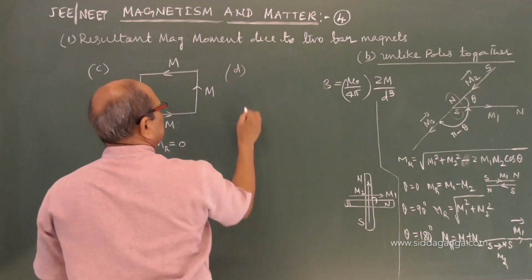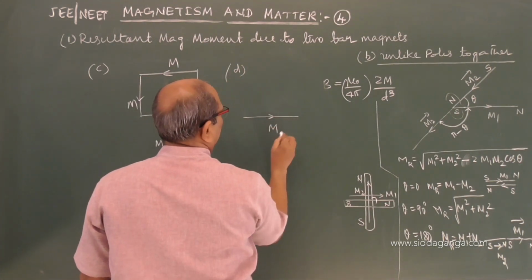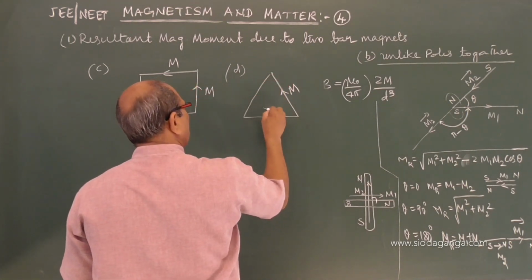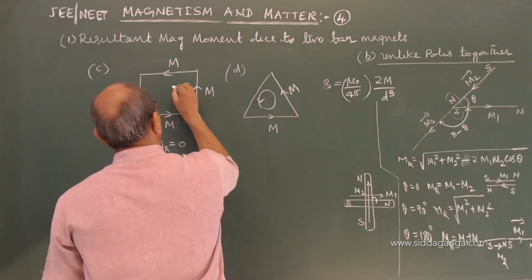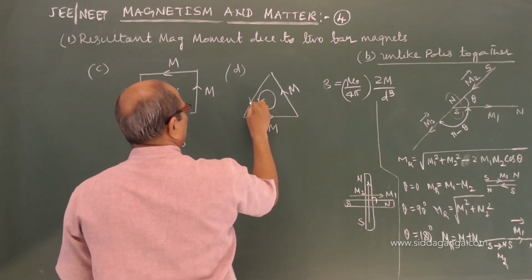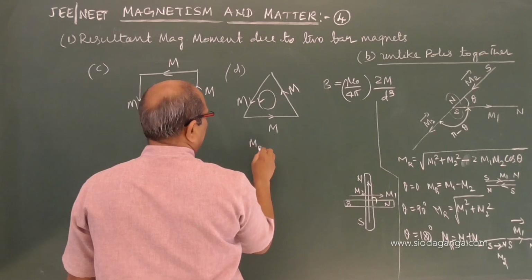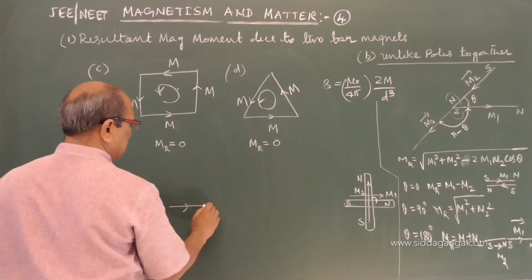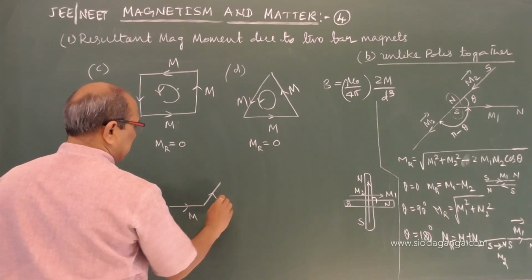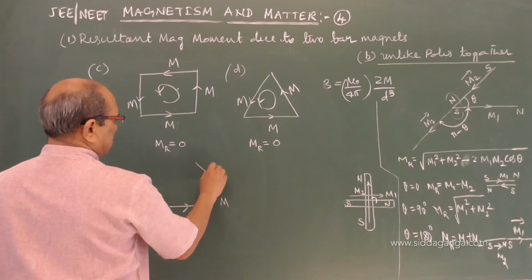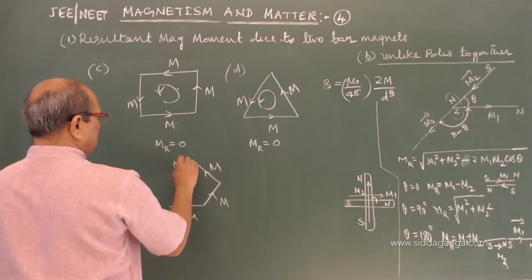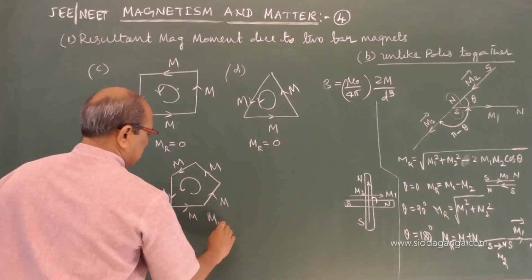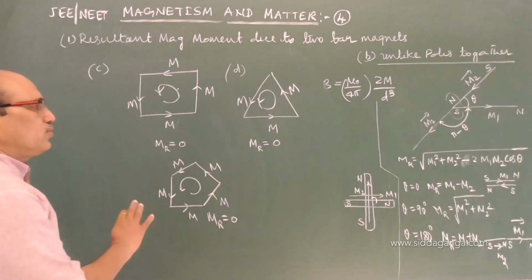Or you can take the case of a triangle with the same moment M, but they must be in one order so that they form a closed loop. Then the magnetic moment of the system is 0. Not only 3, any number it may be. It may be identical moments M, and the resultant moment in such cases becomes 0.